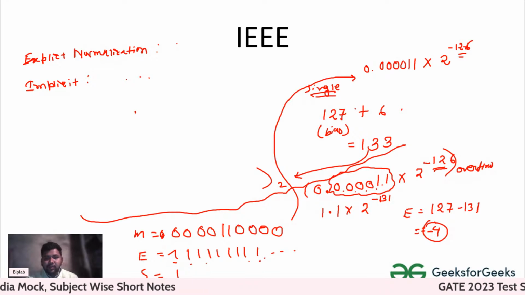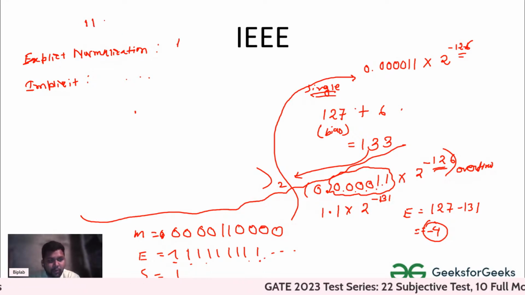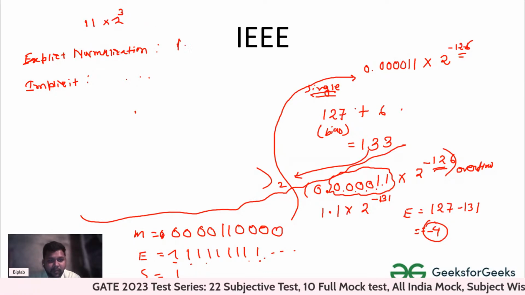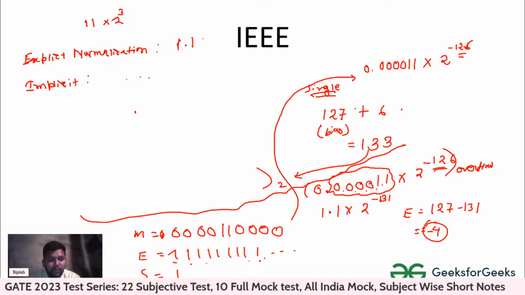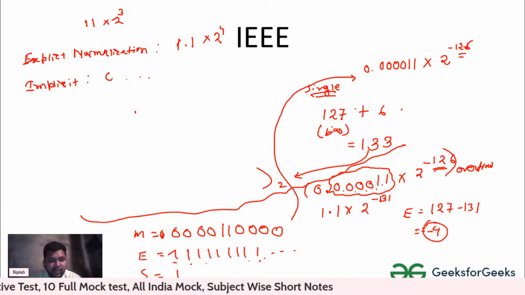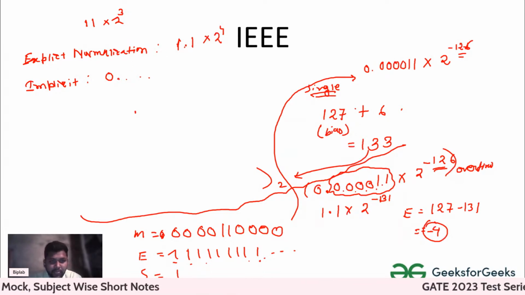The same number, like let's say 1.11 into 2 cube, you can write the same number as 1.1 into 2 to the power 4.